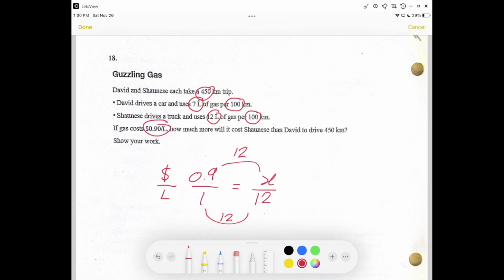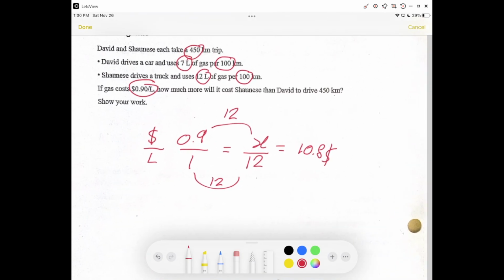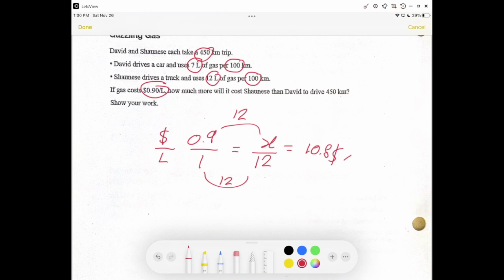So 0.9 times 12 is 10.8, right? So it will cost her $10.8 to go 100 kilometers. Now, in order to find 450 kilometers, we just multiply this by 4.5. And we get our answer. It's going to cost Shanice $54.